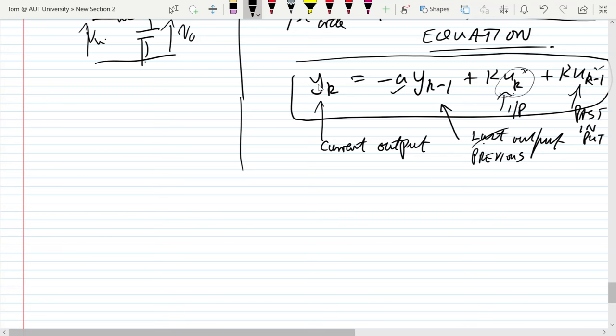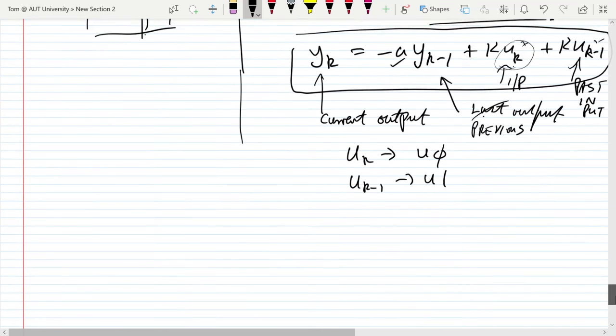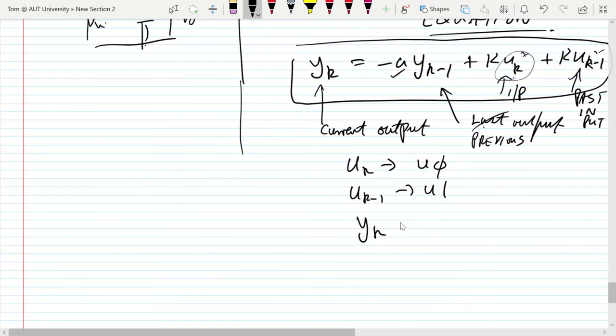But the easiest way by far for something simple, I'm not saying you're going to use this for a very high order filter, but for a simple filter, is to say let u of k be defined in your code as, I just call it, u0, and u of k minus 1 as u1, and then I adopt that notation, so I can say y of k is represented as y0. That's the current output, and y of k minus 1 is y1. And if I had a k minus 2, I just write it as y2.